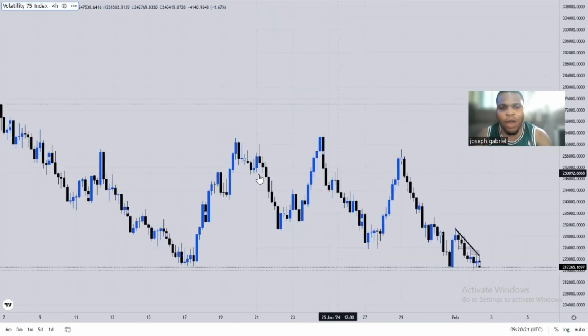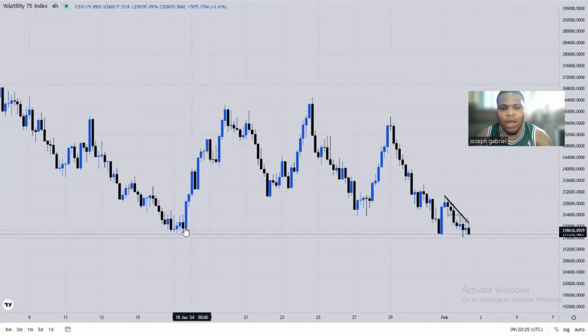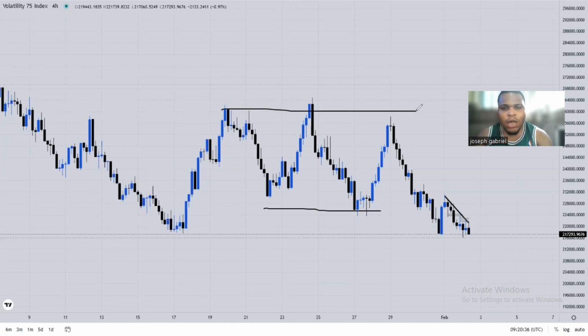Now you see, guys, the market ranged there, and we also had a buy support here. Now we are supposed to buy. Can you see that liquidity was here? The market took out liquidity, price action went up here and went to mitigate this liquidity zone.